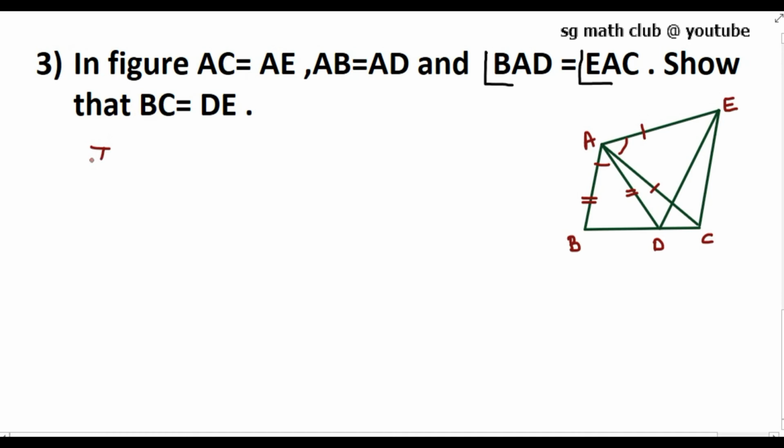So we can choose the triangles as, in triangle BAC and triangle DAE. So my triangle is BAC, this triangle, and DAE, this triangle.